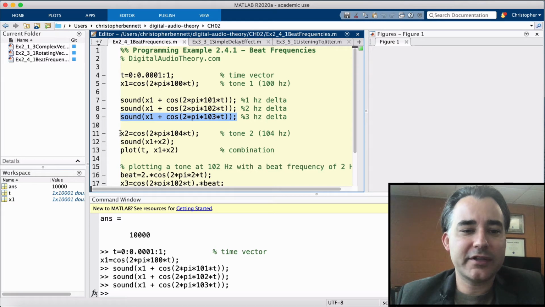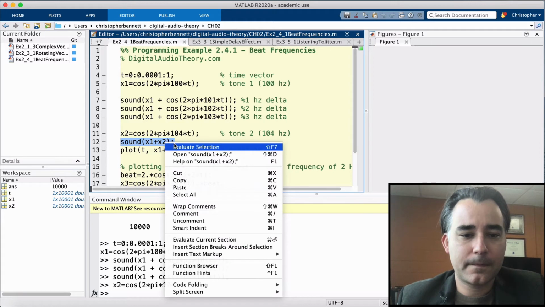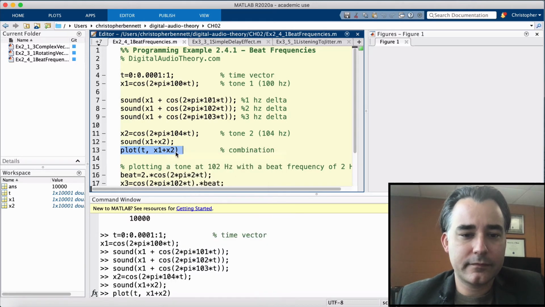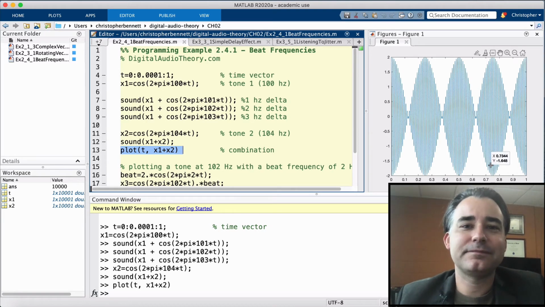We're going to also create a second one, x2, with a frequency of 104 hertz. Let's listen to them together. There we go. And if we plot them, interestingly, we see some carrier frequency with some amplitude modulation.